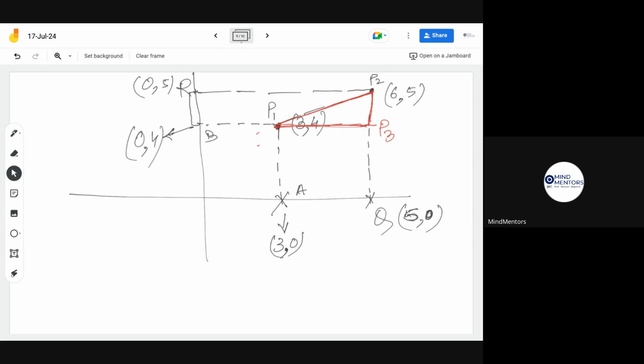Distance P1, P2 equal to square root of 5 minus 4 whole square plus 6 minus 3 whole square. That's what you have done, right? Or has somebody done something different to find the length?